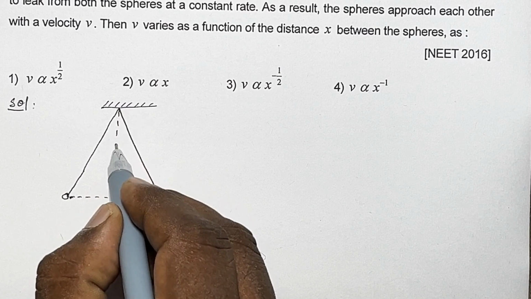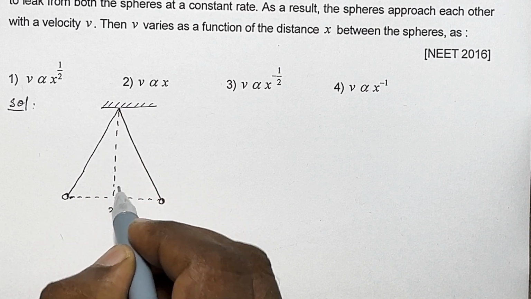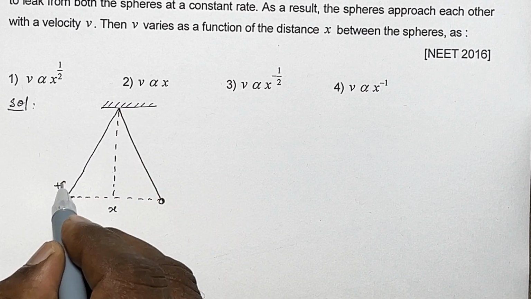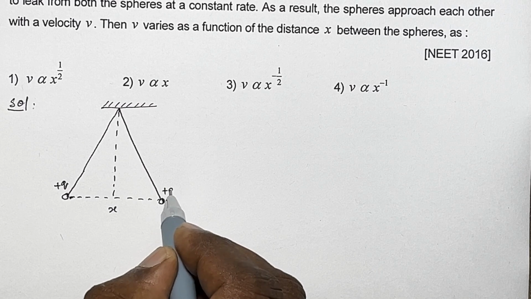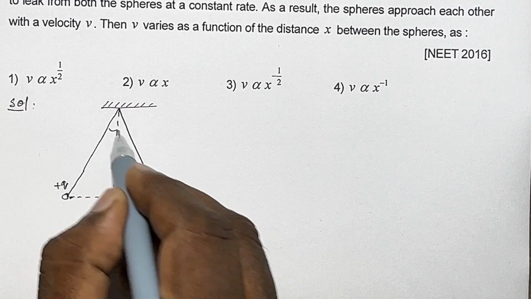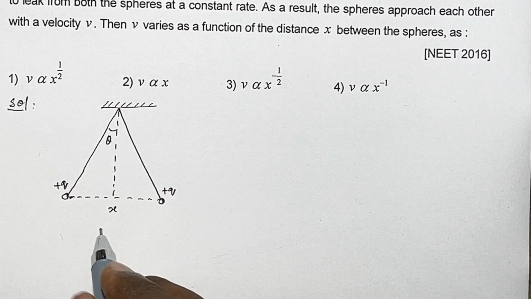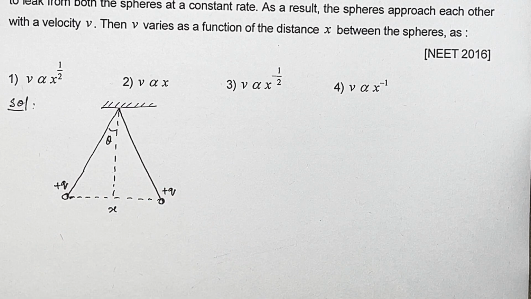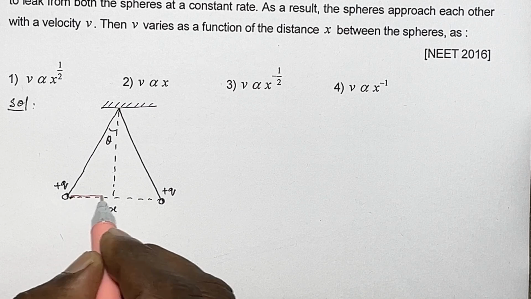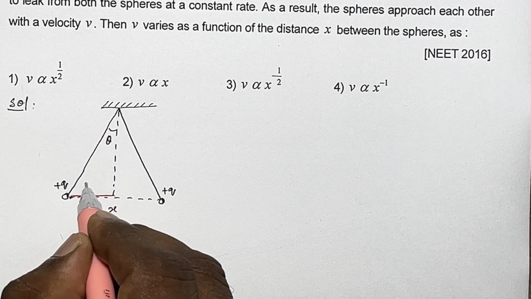So both have the same charge. This is plus q, this is also plus q. This normal will bisect, that's why this distance is x by 2.